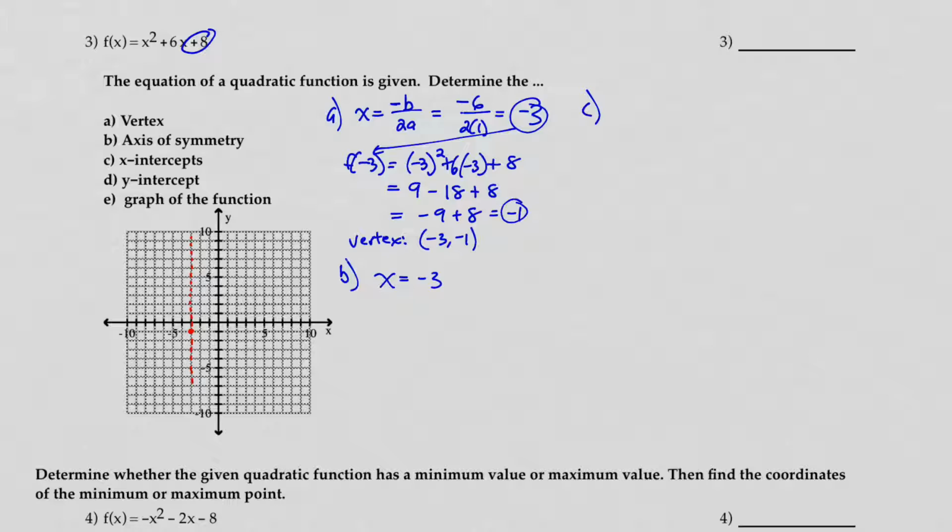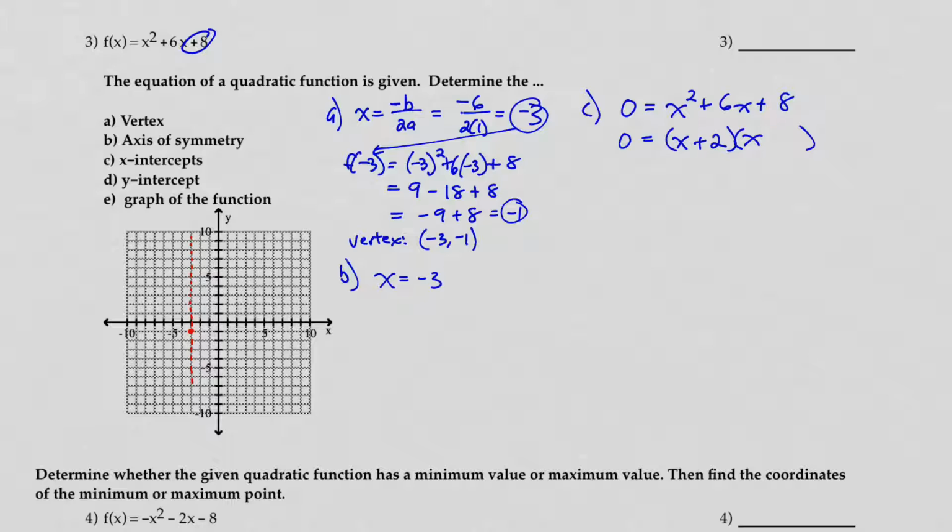And the x-intercepts again are found by making the equation equal to 0 and solving for those x's. In this case, we don't need the quadratic formula because these can be factored. So x times x is x squared, and then what times what is 8, but adds up to 6.